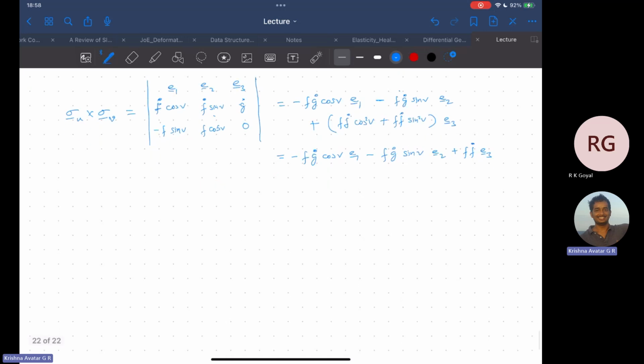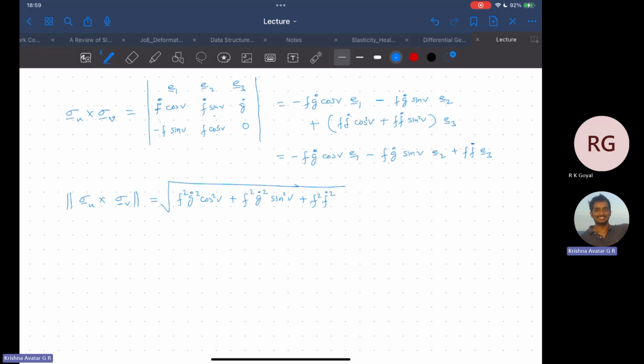Now let's take a look at the norm of sigma u cross sigma v, since that is where we can get some idea about the regularity condition. So the square root of f square g dot square cosine square v plus f square g dot square sine square v plus f square f dot square.